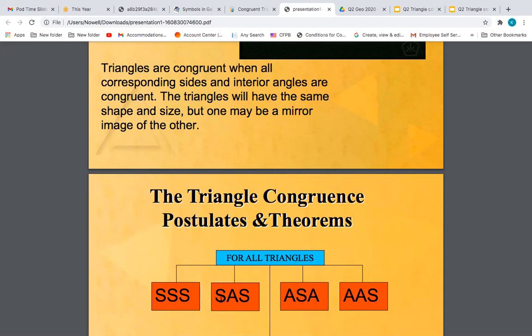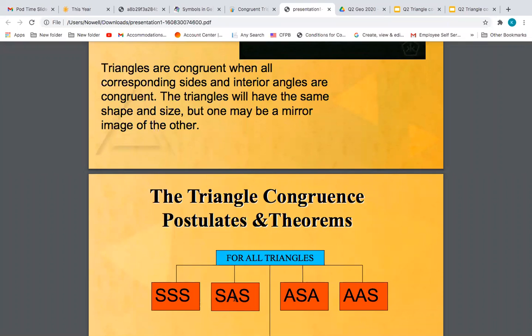There is another case where those two triangles are congruent, which is side, angle, side. That means if you have a side and another side, and those two sides together make an angle, which is the included angle, that's why we put the angle in the middle, then those two triangles are congruent.